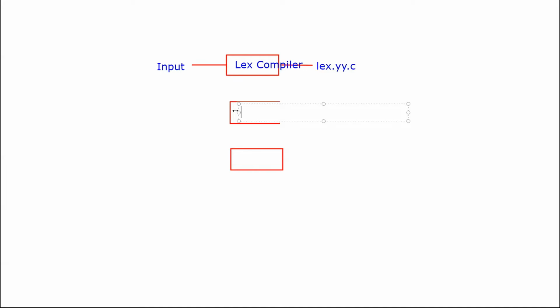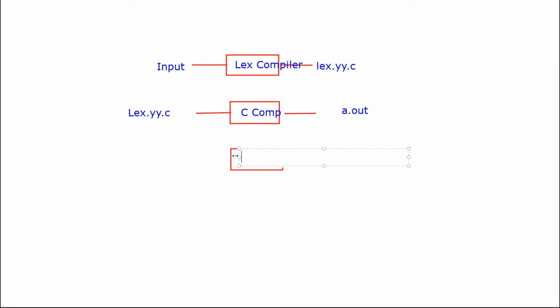Now the second step is a C compiler. The input for the C compiler is the file generated as lex.yy.c, right? So lex.yy.c, which is generated in the first step, will behave as the input for the C compiler, and the output generated by the C compiler is the file called a.out. So basically the file a.out is actually a lexical analyzer. Fine.